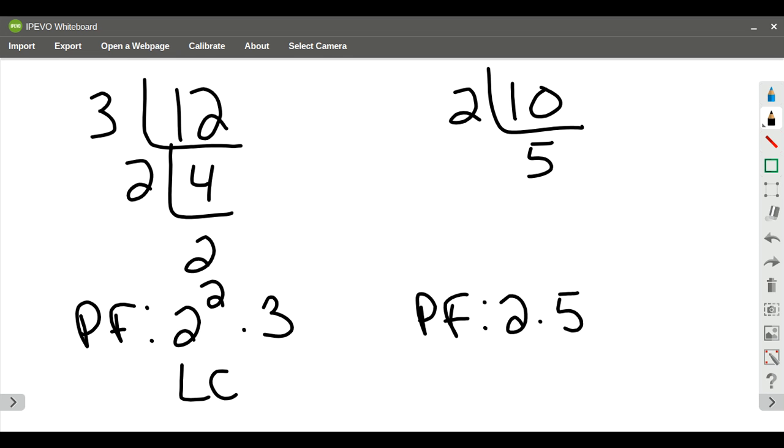And then your least common multiple is going to be looking at the greatest number of times each of the values appears. So I have a 2, a 3, and a 5. I'm at least going to have one 3 and one 5 because they appear one time. And then I'm going to look at the greatest number of times that 2 appears. Here I have 2. Here I have 2 to the second power.